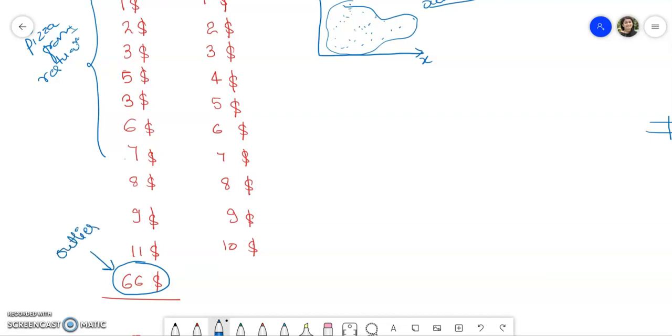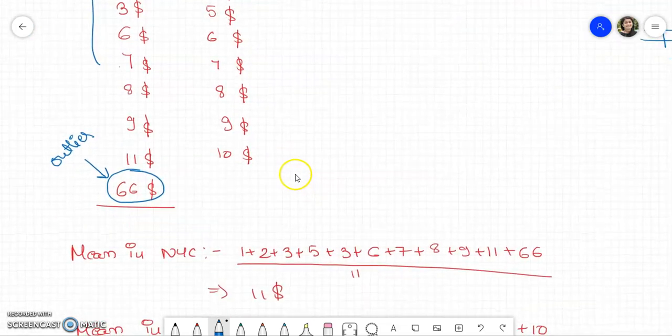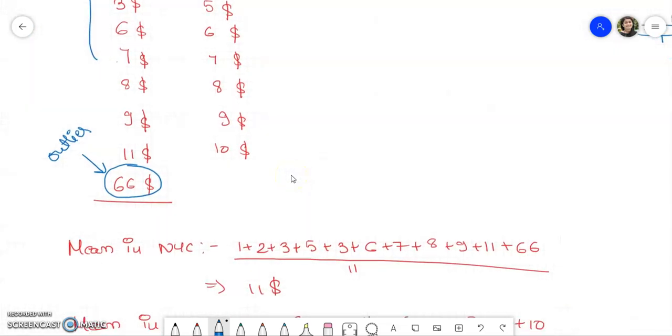If you see the prices of pizza like 1, 2, 3, 5, there are very small differences, right? But the price of pizza here is $66, which is very expensive. So why do we have the price of pizza as $66? There might be a possibility that in some posh restaurant the prices are very high due to ambience and other things.